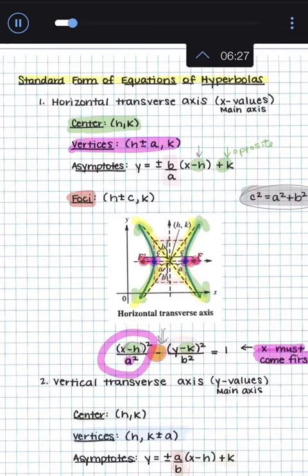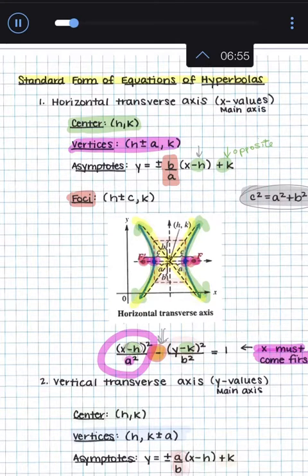And then notice this b over a here, because it's going to be out in front of your x, this b over a is just going to be part of your slope. That's why you have a positive and a negative on it, because there's actually two asymptotes, the one with the positive slope and the one with the negative slope.